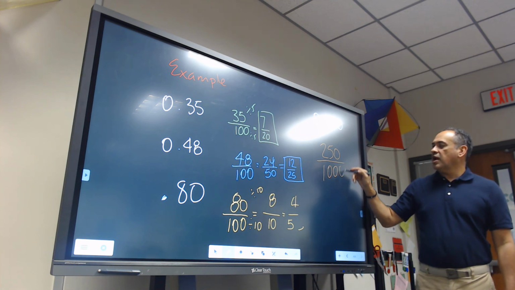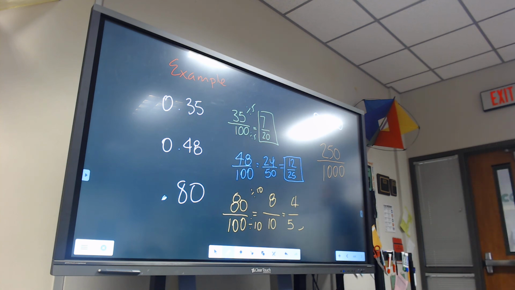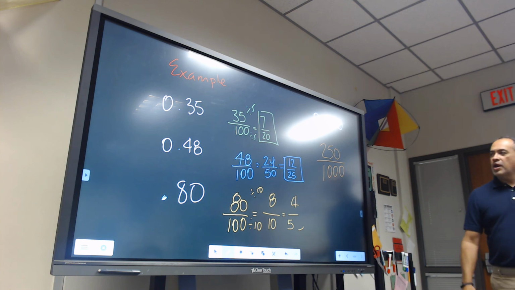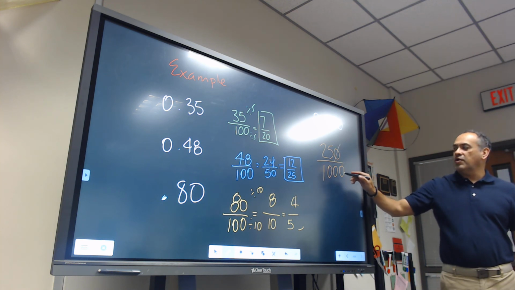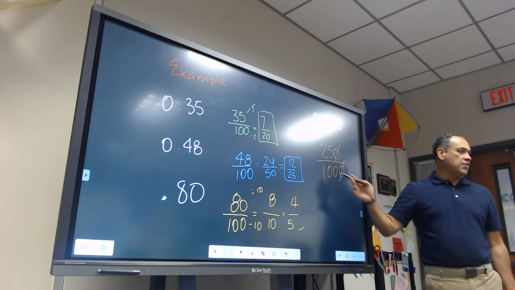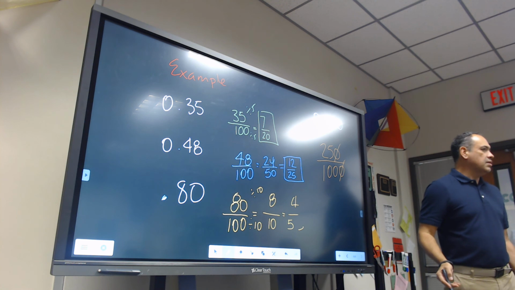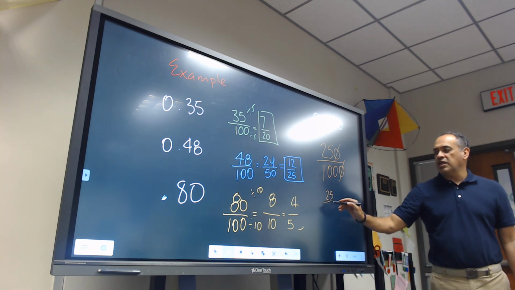Now I look at this and think this is going to be too easy, because I'm dividing by 1,000 and 250. So what I'm gonna do is cancel this 0 and this 0. And now it's just 25 over 100. You should be very familiar with this one. A quarter.